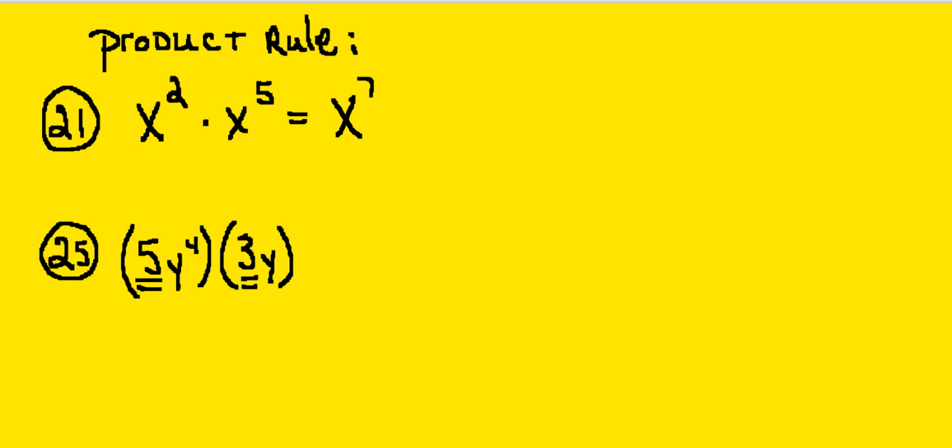So I can do this separately from the variables. In other words, let's do 5 times 3, which is 15, okay? And then y to the 4th times y to the 1 is going to give me y to the 5th. 4 plus the 1 is 5.